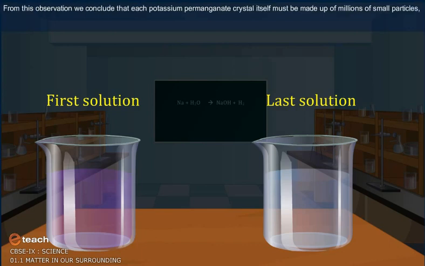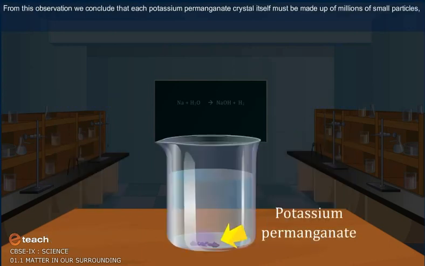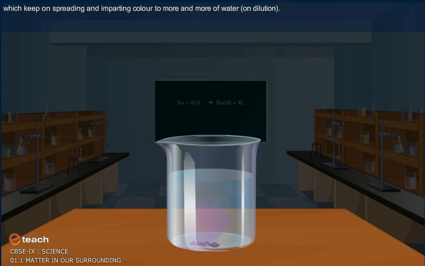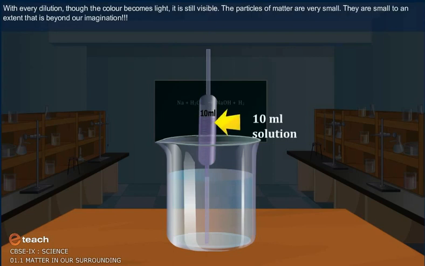From this observation, we conclude that each potassium permanganate crystal itself must be made up of millions of small particles, which keep on spreading and imparting color to more and more of water on dilution. With every dilution, though the color becomes light, it is still visible.